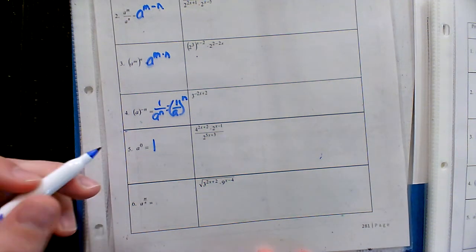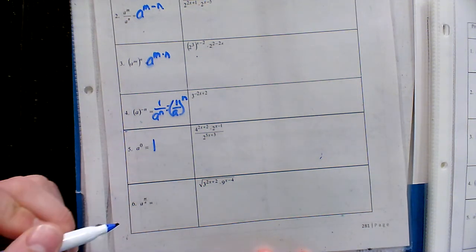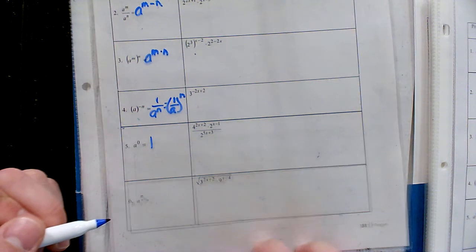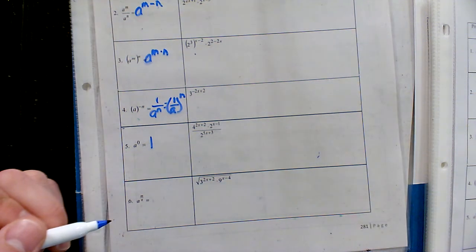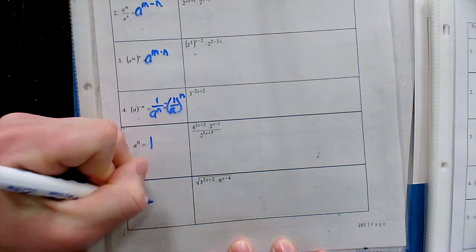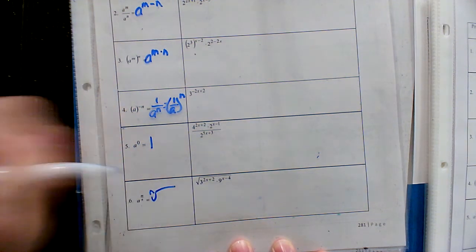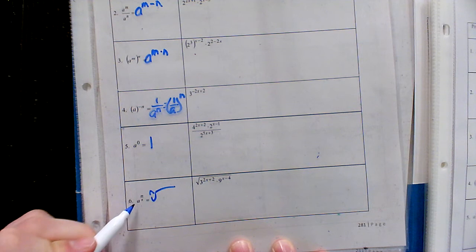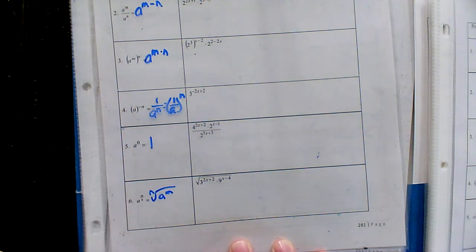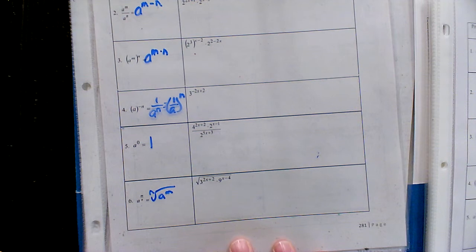So for this one, if you had x to the 1/2, the 1/2 power is the same as taking a square root. If you had x to the 1/3, that's the same as taking a third root. So whatever's on the bottom, we're going to take an nth root. It's the nth root of a to the m.